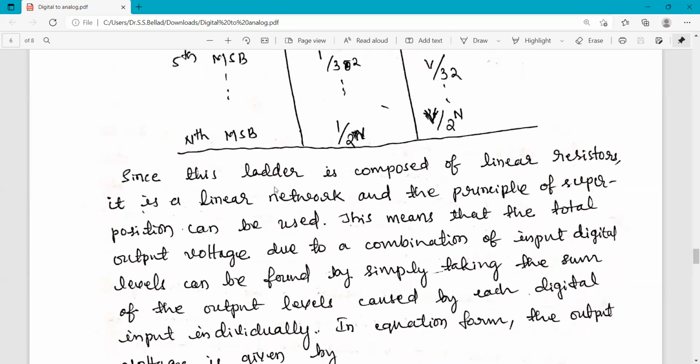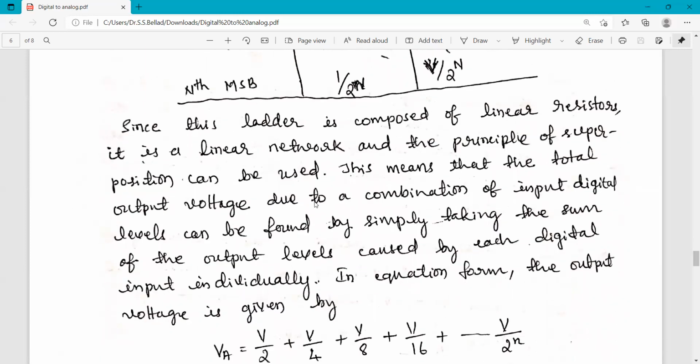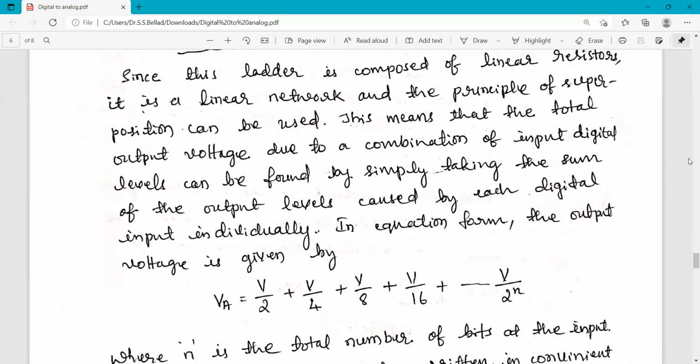And since this ladder is composed of linear resistors, it is a linear network, and the principle of superposition can be used. This means that the total output voltage due to a combination of input digital levels can be found by simply taking the sum of the output levels caused by each digital input individually.